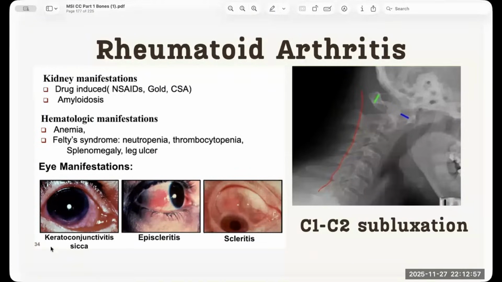These are shown here in the images. So there's conjunctivitis sicca. We mentioned this. So it's the dry eye. There's episcleritis, so it's inflammation of the episclera. And scleritis, so the sclera. There's also C1 to C2 subluxation. So it's shown here, those C1, C2 vertebral bodies.